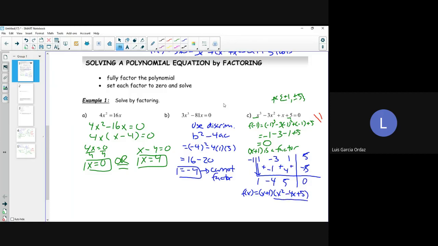And what is our only real root in this factored polynomial equation? Therefore, the only real root is x is equal to -1.